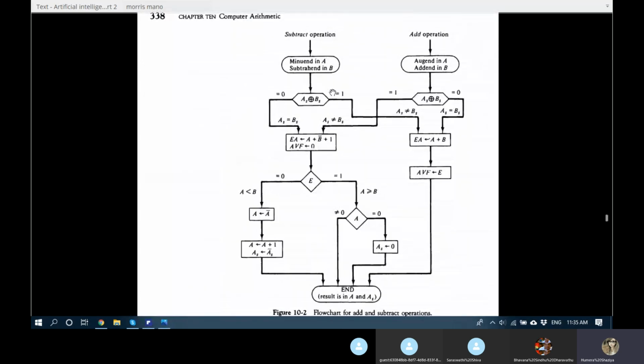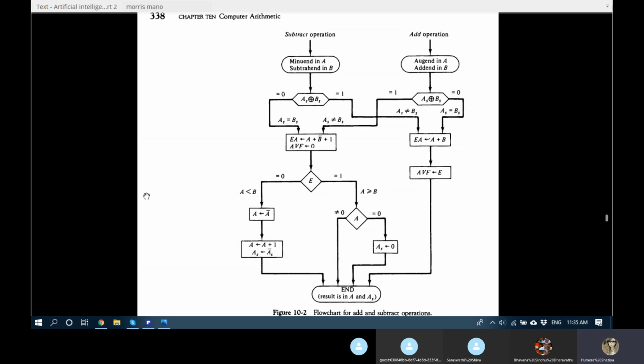Okay, this is the flowchart for performing addition or subtraction operation. What happens in this is, there are two flows. Subtraction operation, the flow is at this side. Addition operation is the flow at this side.